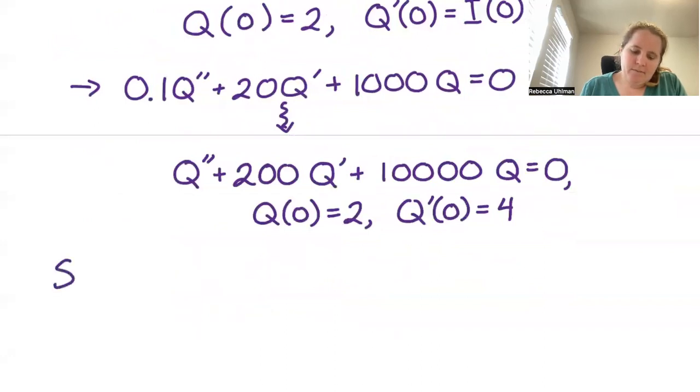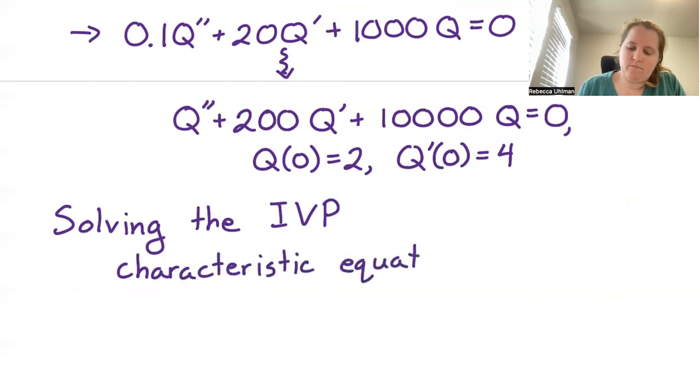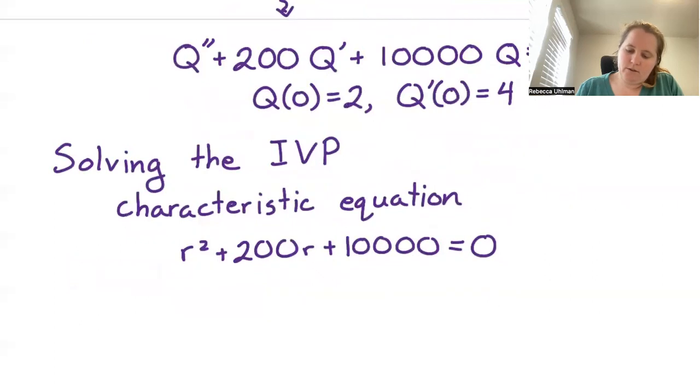Now solving the IVP, we have the characteristic equation R squared plus 200R plus 10,000 is equal to 0. This is just R plus 100 squared equals 0.